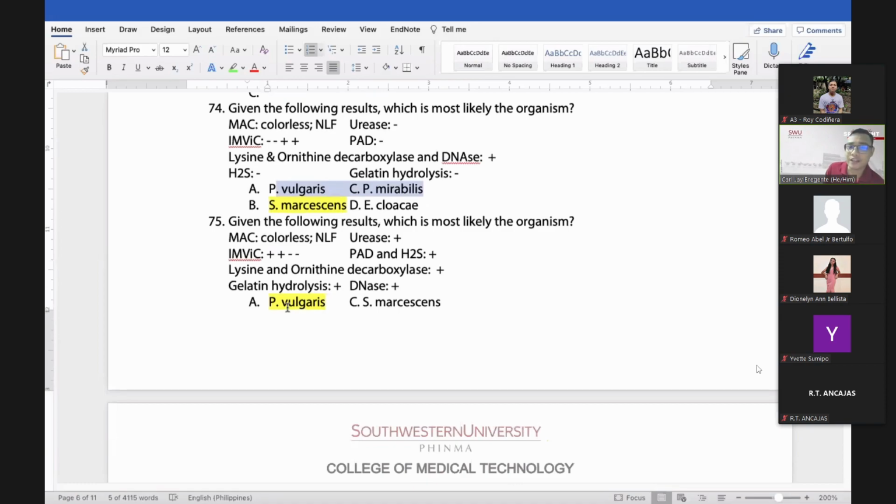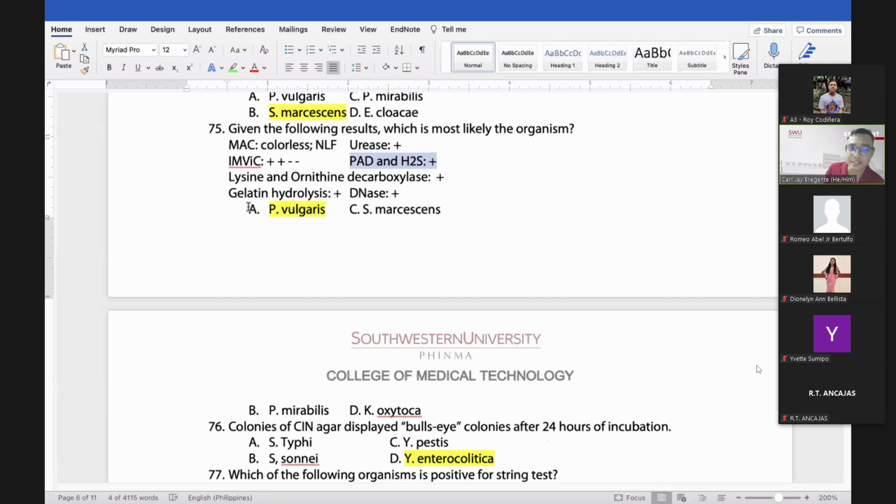Number 75, given the following result, which of the following organisms is most likely the causative agent? I think it is the same test as 74, but this time you have POD positive and H2S positive. Among the choices, Serratia and Klebsiella are out. Klebsiella is out because the colonies are colorless, while Klebsiella is colored.